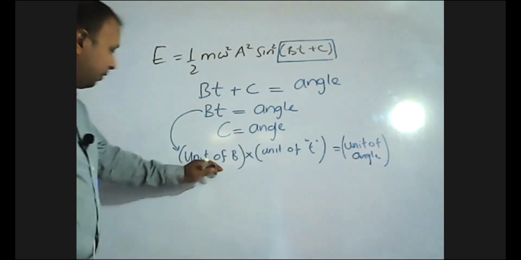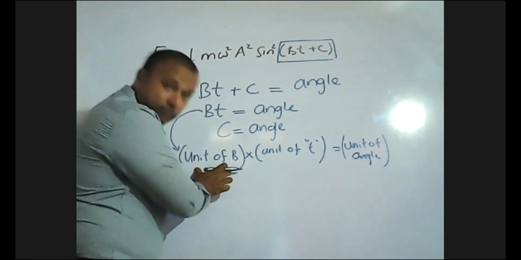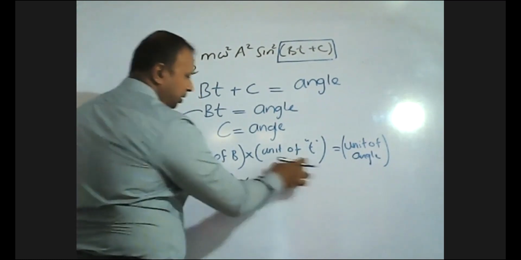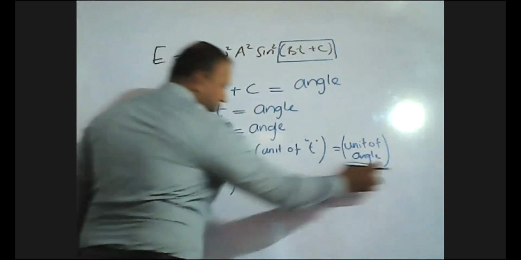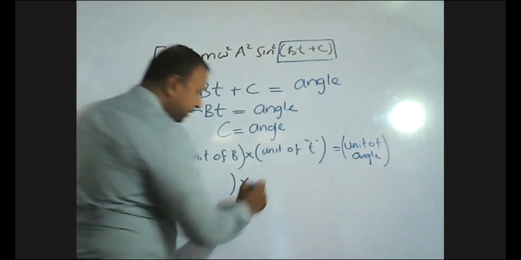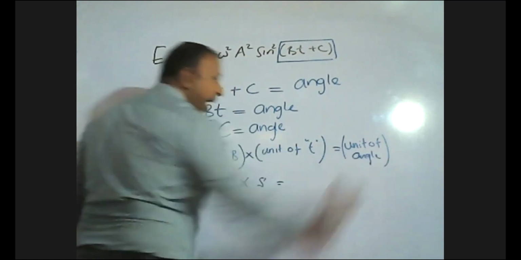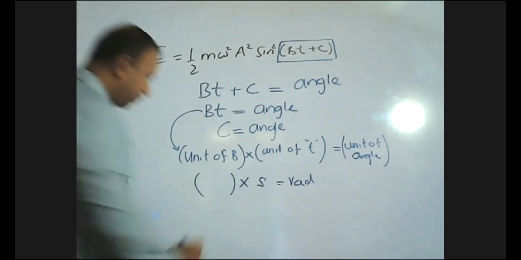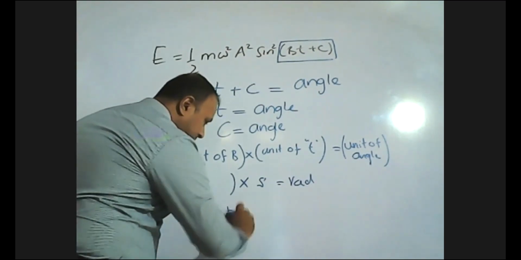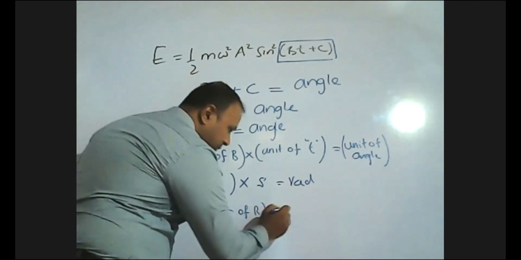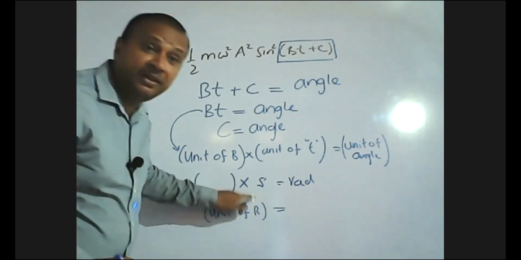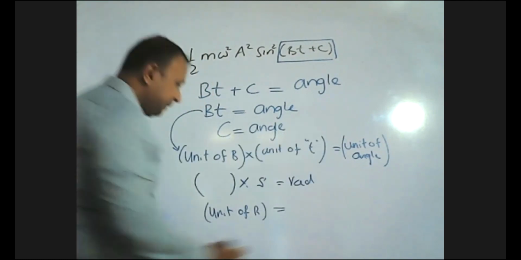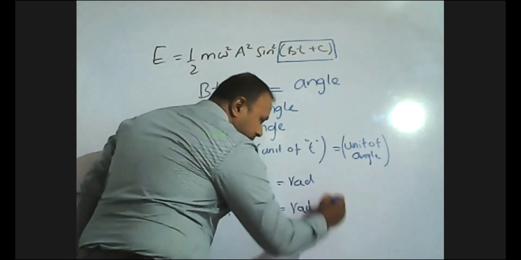I don't know the unit of B, I have to find that one. So unit of T is second, and unit of angle is radian. Now I can make unit of B the subject. I have to bring this S to this side, and it will be S minus 1. So radian per second.